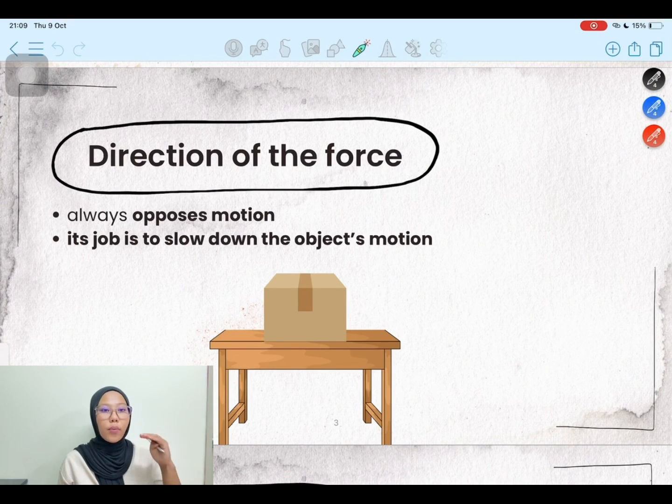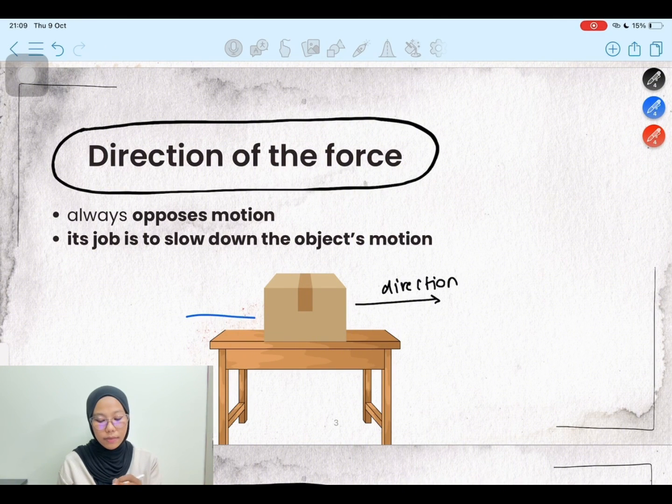The key phrase here is opposes the motion of the object's direction, meaning that if the object's direction is toward here, the direction of the kinetic friction is here, towards the left.